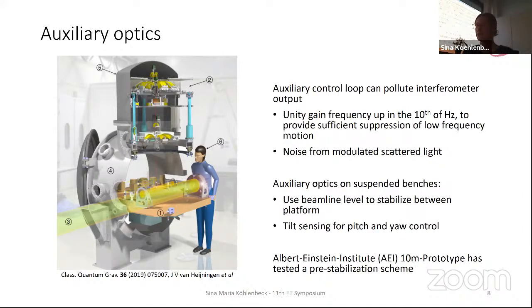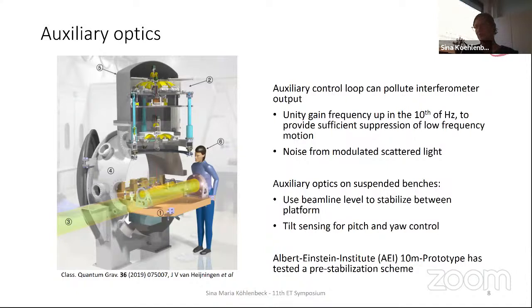And stabilization of these platforms would therefore be quite beneficial. So what we would like to propose is that we have seismic platforms close to the beamline and then stabilize all these platforms relative to each other, both in length and in angle.